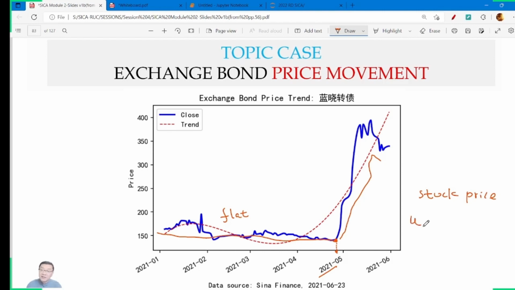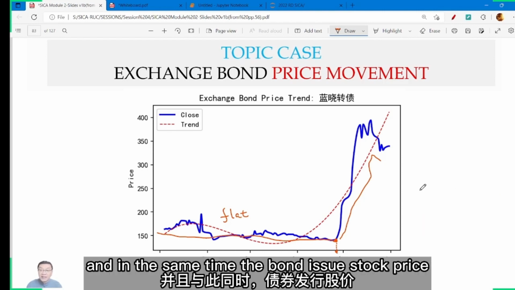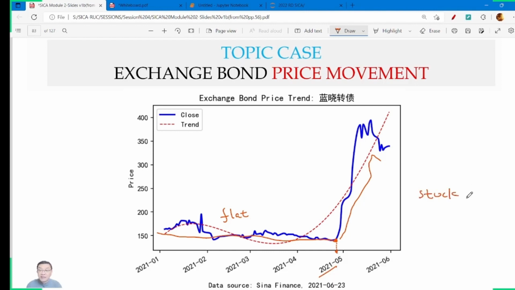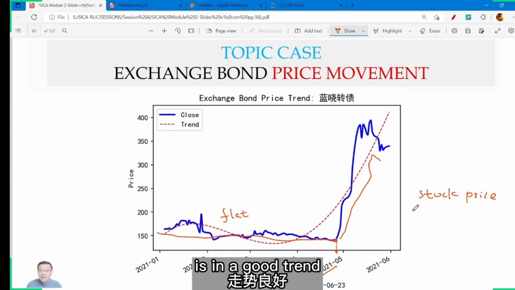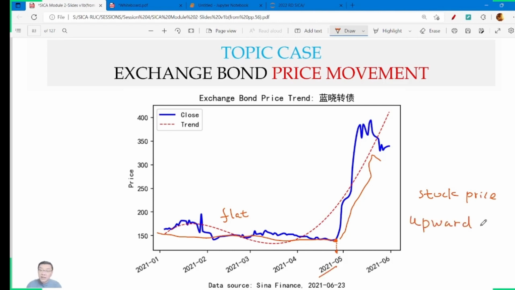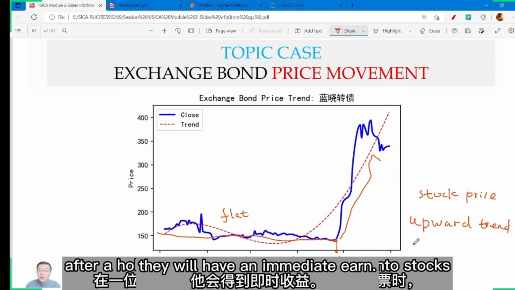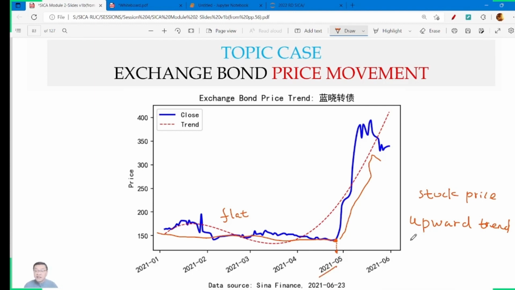It means an upward trend, where we can convert the bonds into stock, and at the same time, the bond issuer's stock price is in a good trend. It means an upward trend. And after a holder converts the bonds they have into stocks, they will have an immediate earning.